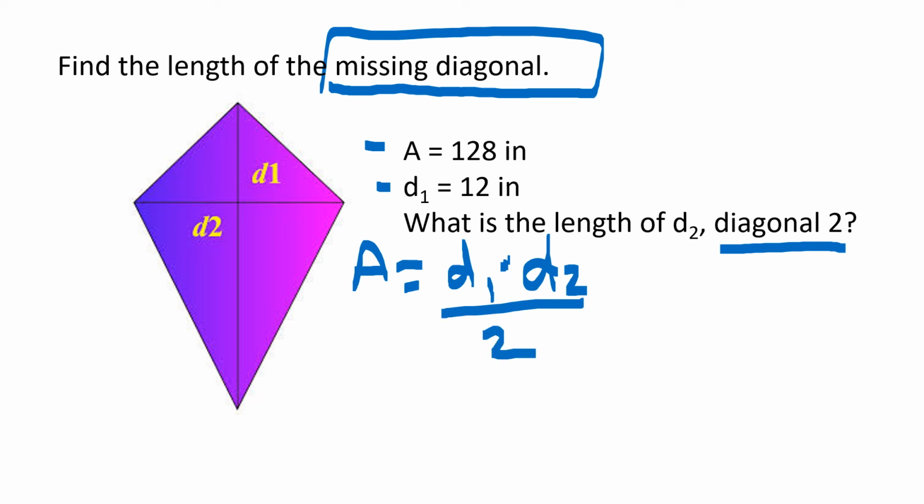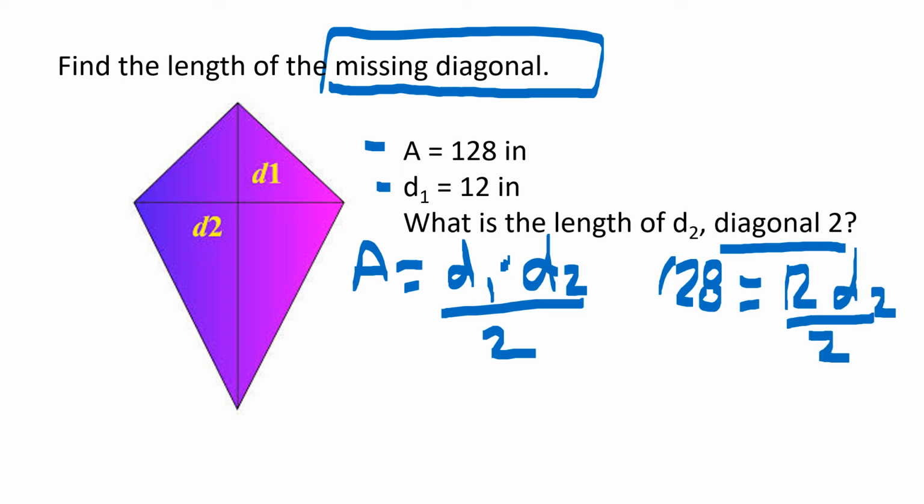So I'm going to replace A with 128. That will give me 128 is equal to diagonal 1, which is 12, times diagonal 2, which is what we're looking for, divided by 2.